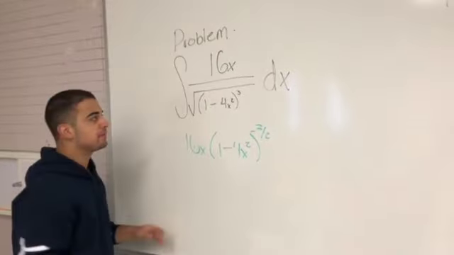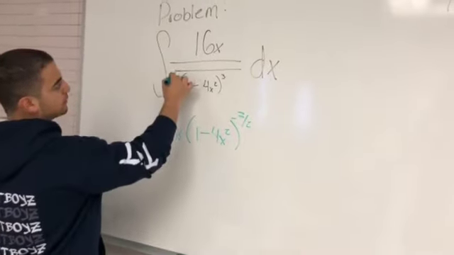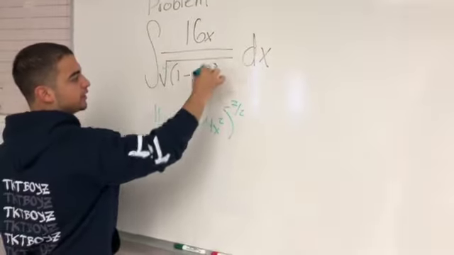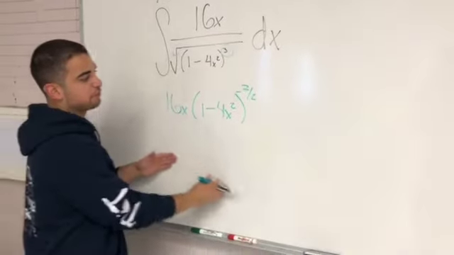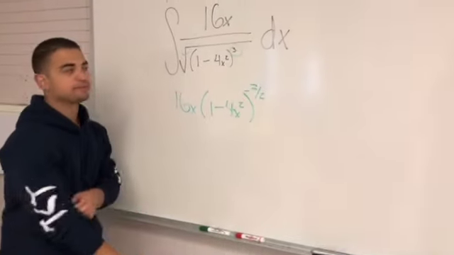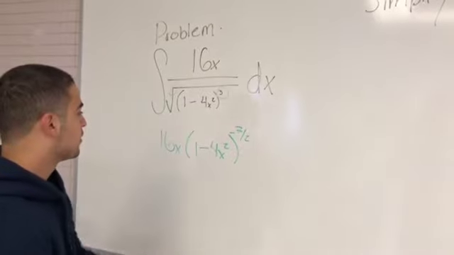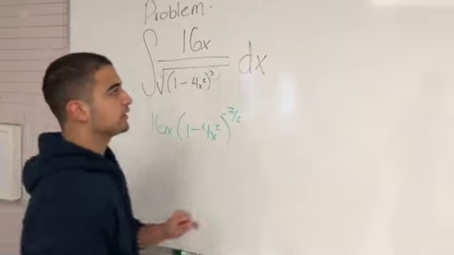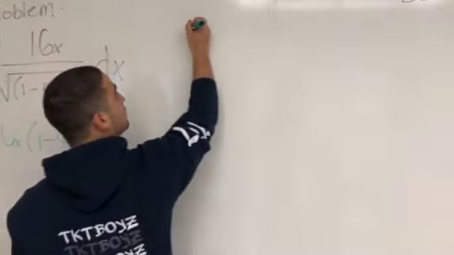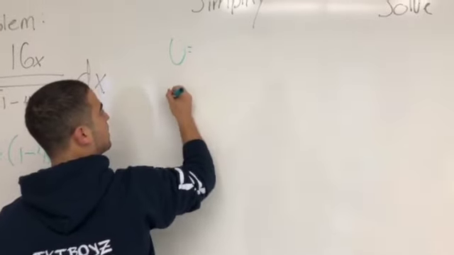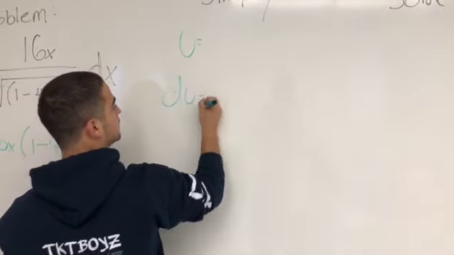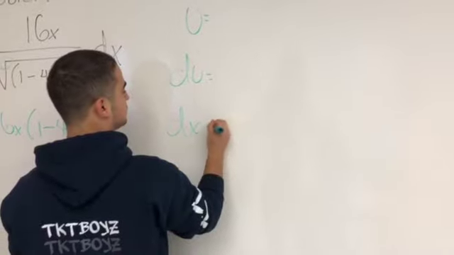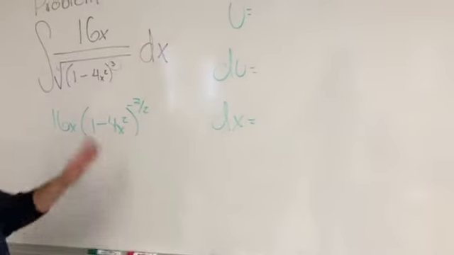Why? Because the rewrite of the square root and the 3 is 3 halves, and as we put it on top, it's a negative. Okay, so once we have this, we have to identify the u, the du, and the dx. First one, the u.